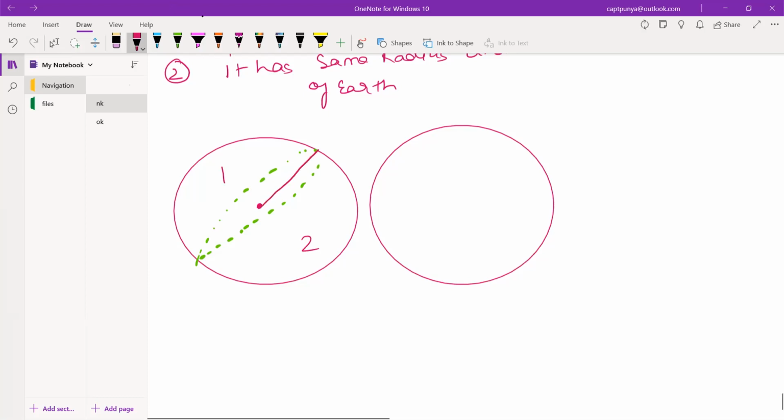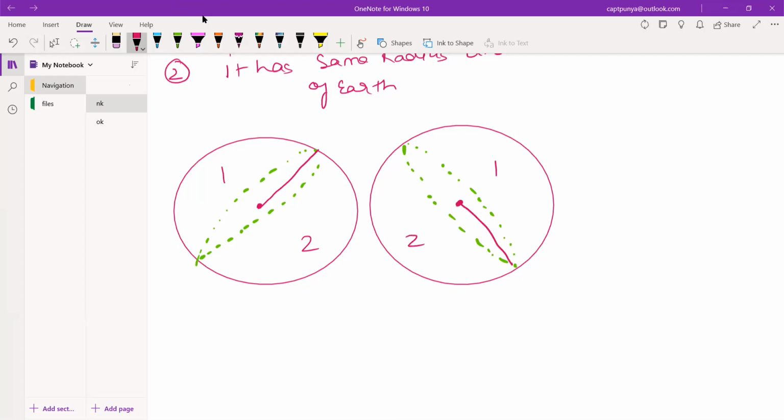Now let us draw one more. In one more, we can draw like this. This can be your great circle. There can be n number of great circles, guys. If you watch it clearly, this is your first equal half, this is your second equal half, this is the radius of the great circle, and this is the center, which is the same as that of the earth.